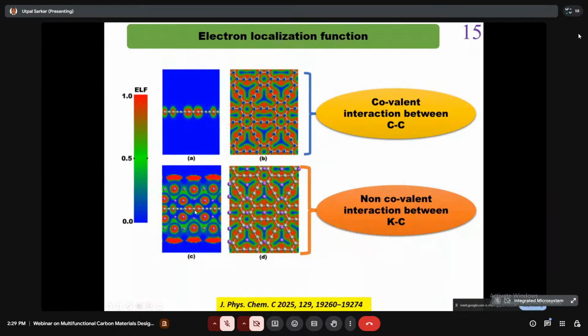So ionicity is now coming, which was clearly absent in the case of covalent bonding. So potassium ion absorption tells you that there exist non-covalent interactions between potassium and carbon atoms, whereas the carbon-carbon interaction is totally covalent in nature.